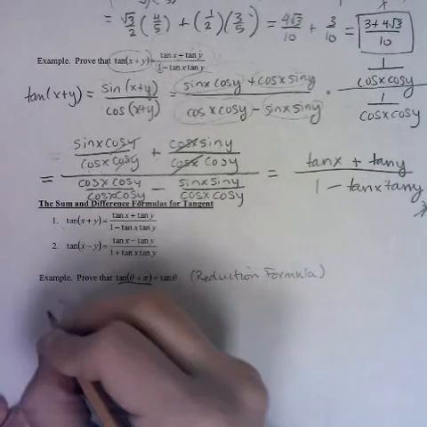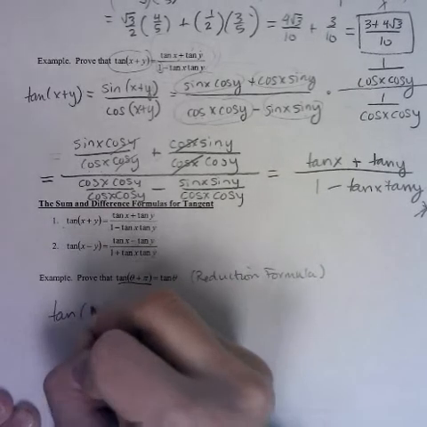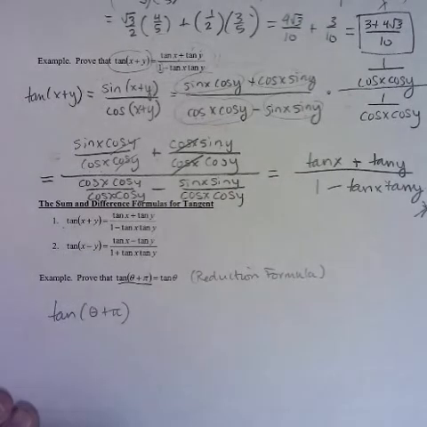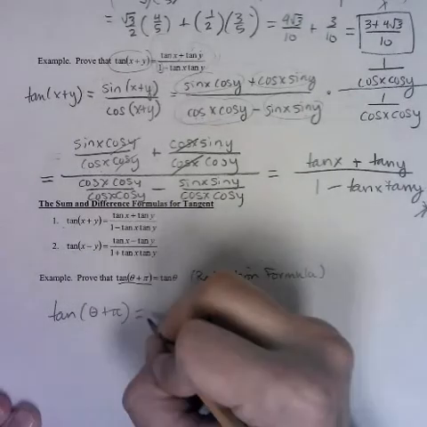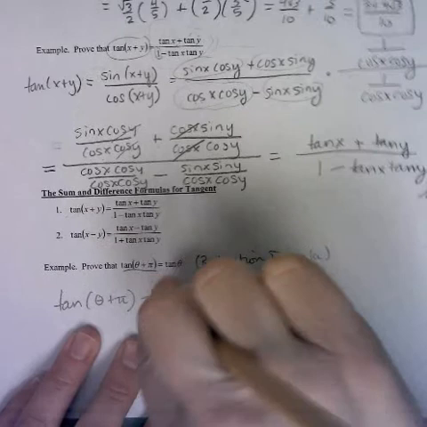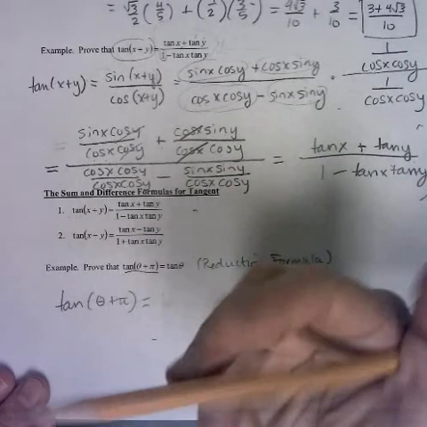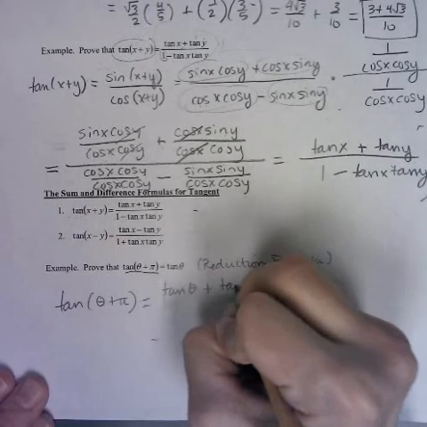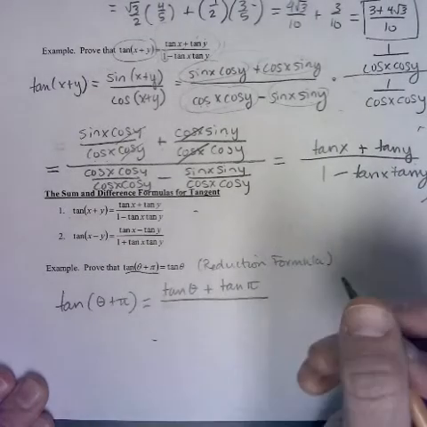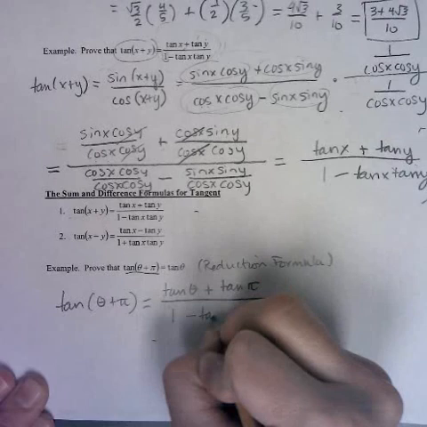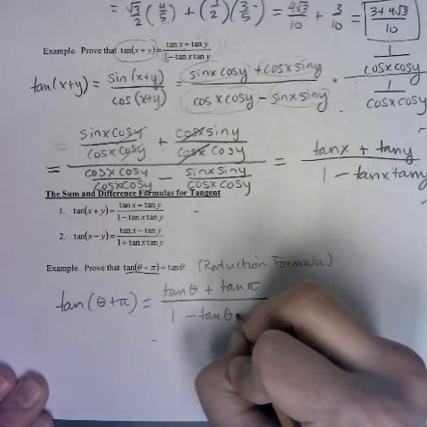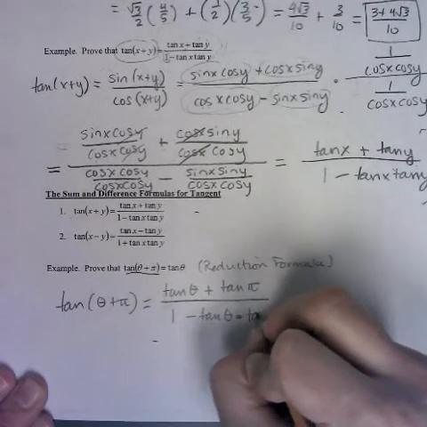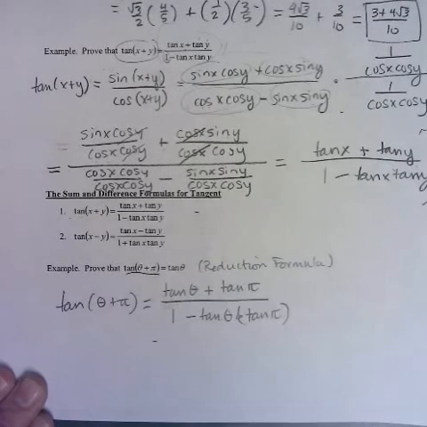So tangent of theta plus pi would equal, of course we get a fraction here, tangent of theta plus tangent of pi over 1 minus the tangent of theta times the tangent of pi. That's multiplication. So tangent of theta obviously does not simplify.